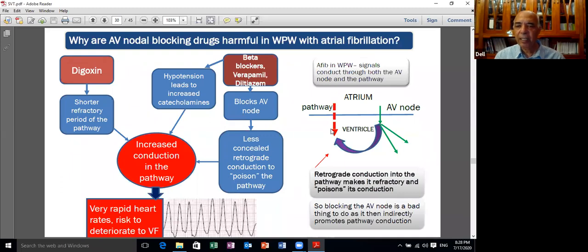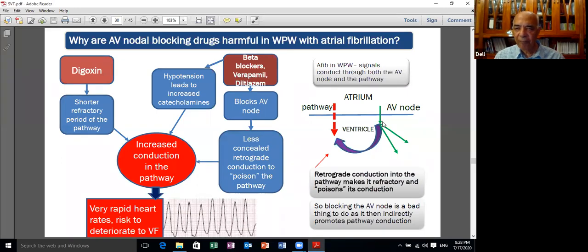Why do they facilitate it? For two reasons. Number one, if you give them intravenously, they drop the blood pressure. If you drop the blood pressure, you activate the sympathetic nervous system, and this shortens the refractory period of the accessory pathway and enhances the conduction. But there is another reason for not blocking the AV node.